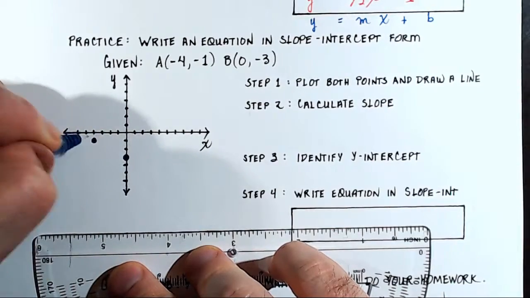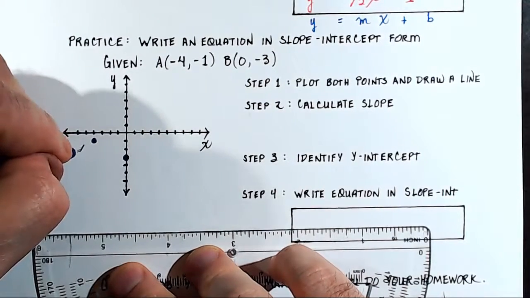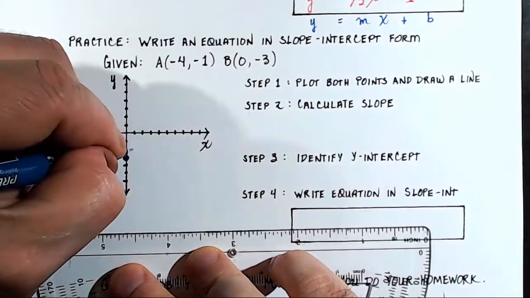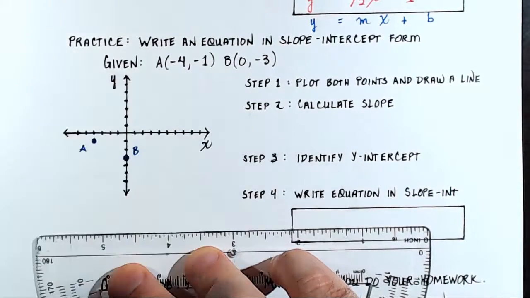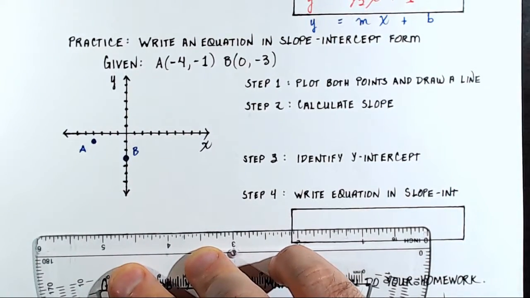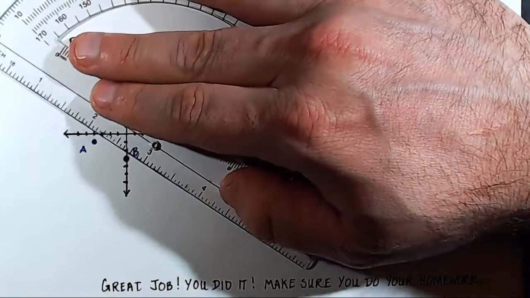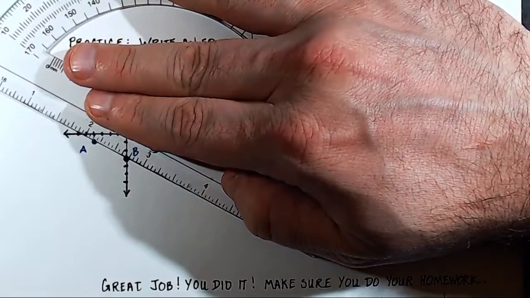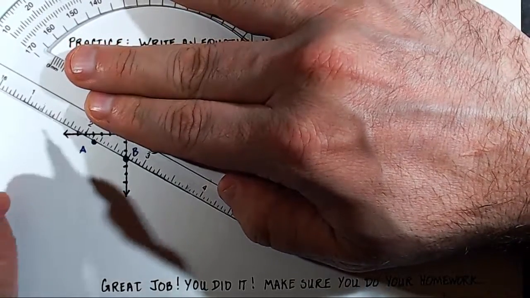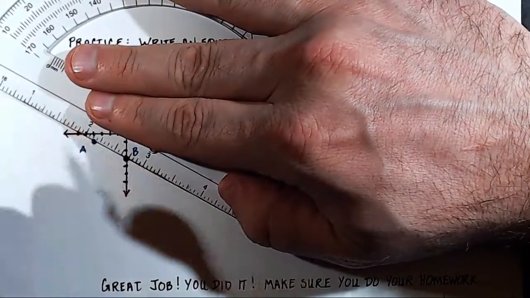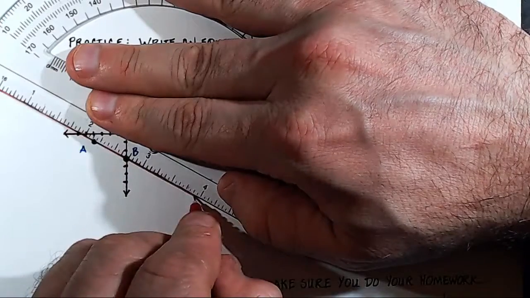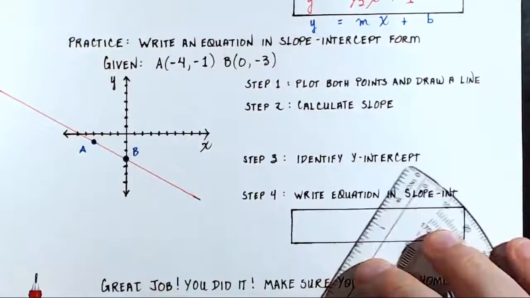So here are my 2 points. This is point A, and this is point B. Right? And now we want to draw a line that goes straight through those 2 points. Come in here and draw this line. Okay, there it is.